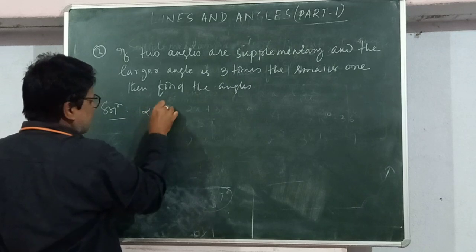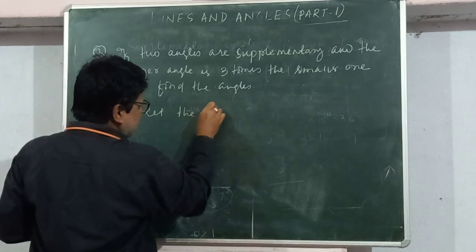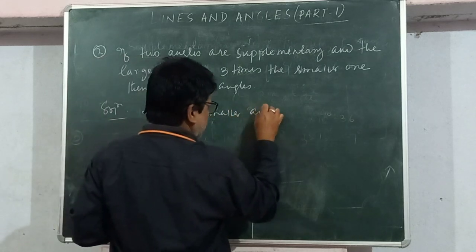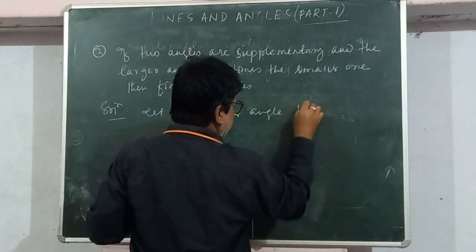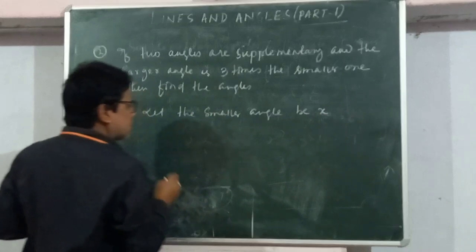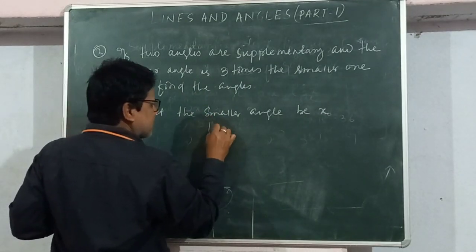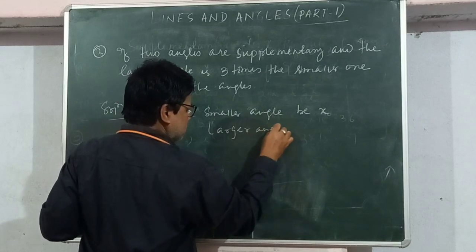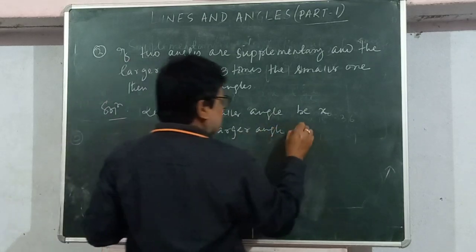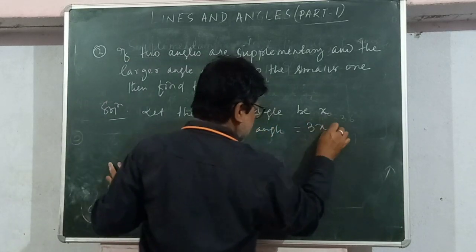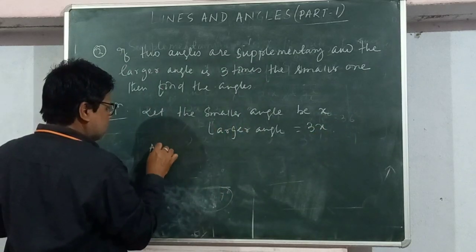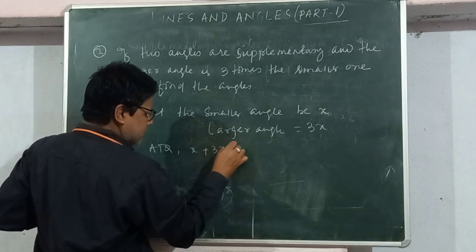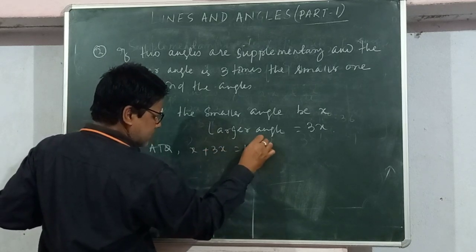Let the smaller angle be x, the larger angle is equal to 3x. According to question, x plus 3x is equal to 180 degree.